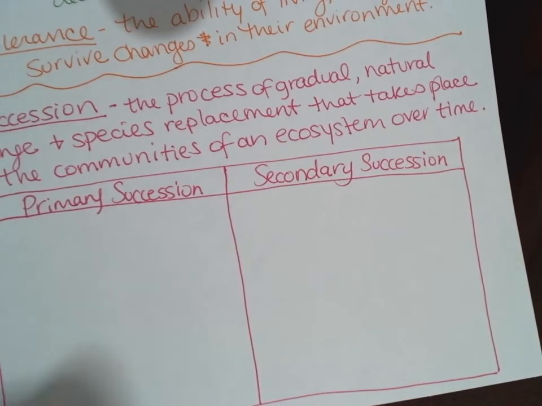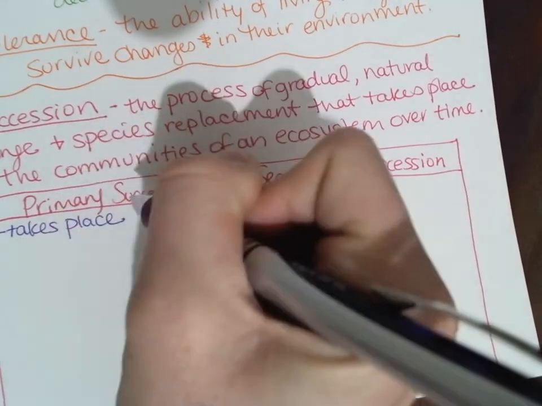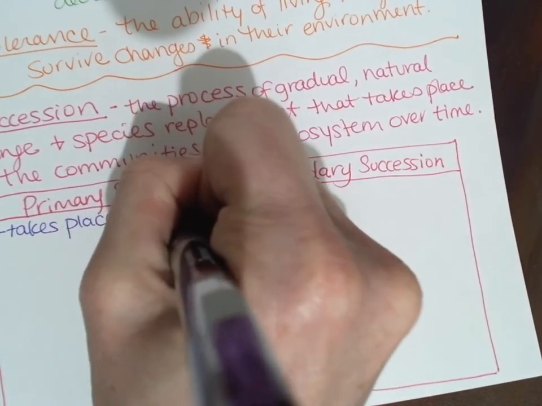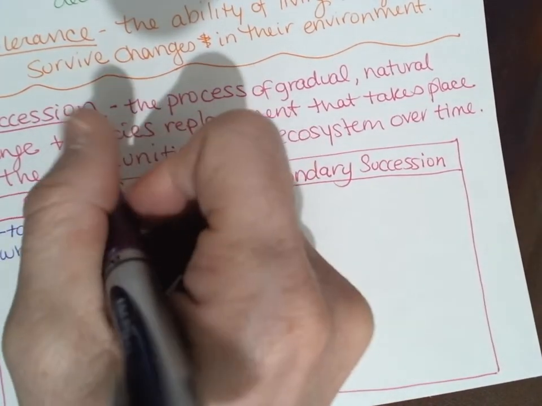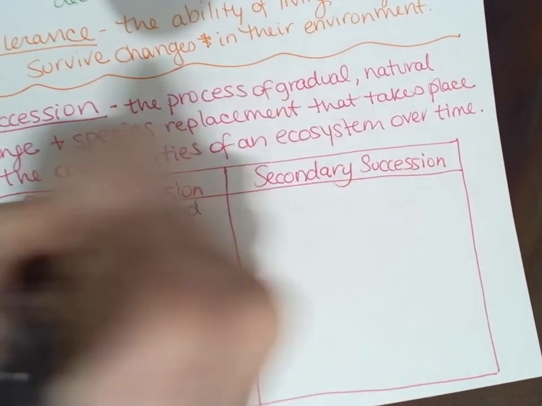So primary succession takes place on land where there are no living organisms.